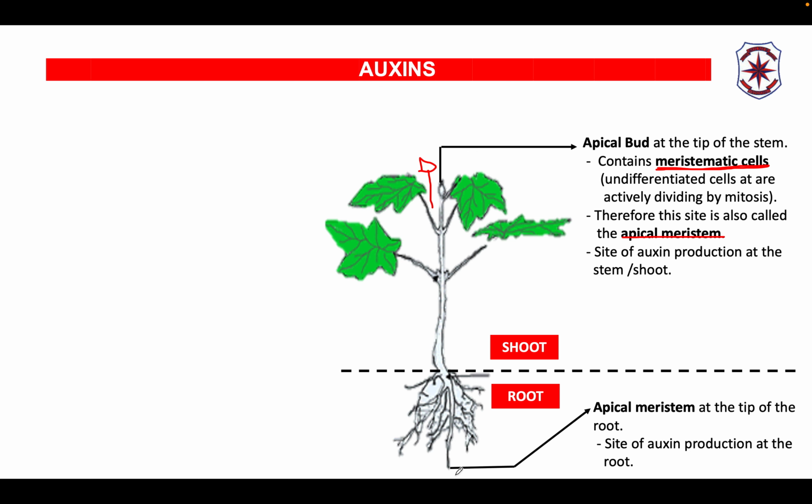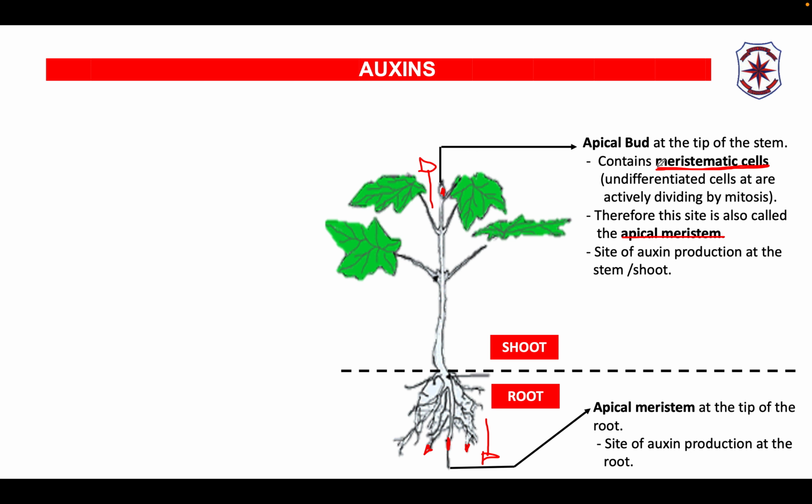In animals, remember, we call such cells stem cells. But in plants we don't call them stem cells, we call them meristematic cells. These are cells that are able to differentiate into any type of cell, and because mitosis is happening at the very tip of the stem, it causes the stem to grow in an upward position. We also have a meristematic region at the tip of the root. Because mitosis occurs at the tip of the root, the plant root grows in a downward position. So the apical meristem is found at the tip of the shoot and the tip of the root.